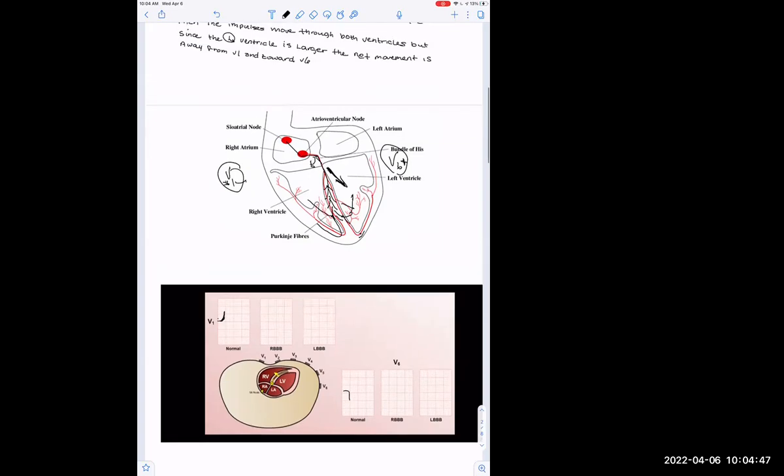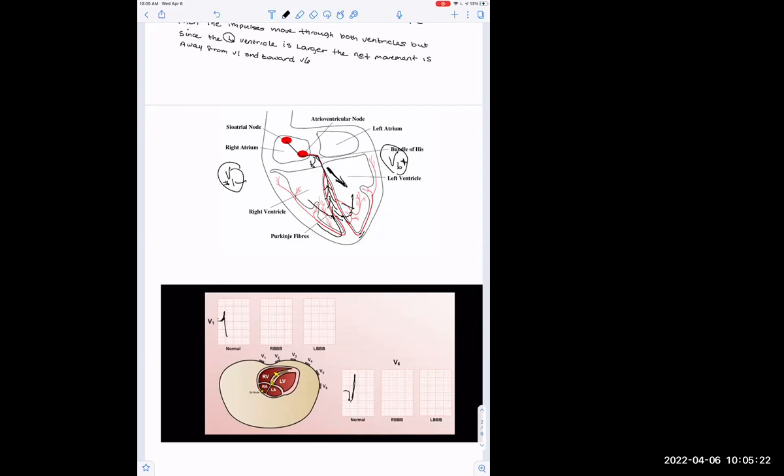And if it sees more of the left side than the right side, we are going to have a positive deflection in V6, and a negative deflection in V1, because again, the impulse is traveling downward and to the left. And since the left side is more muscular, we're going to see that as more prevalent.